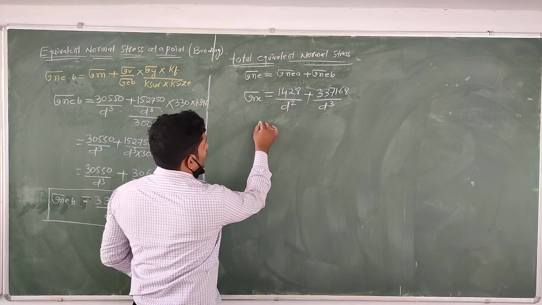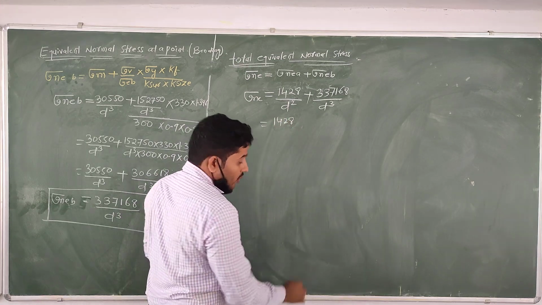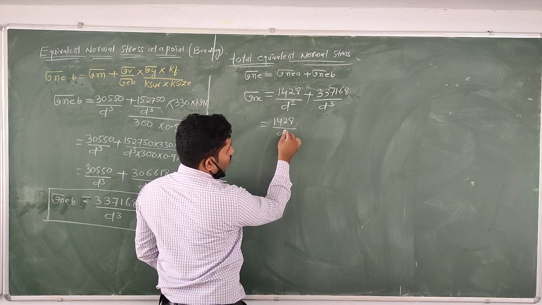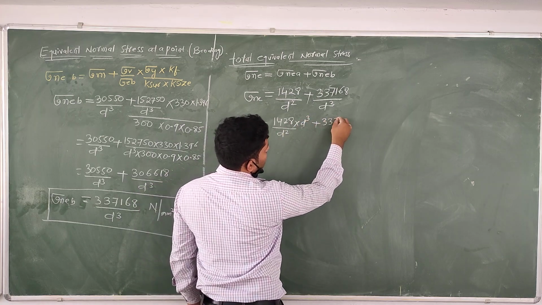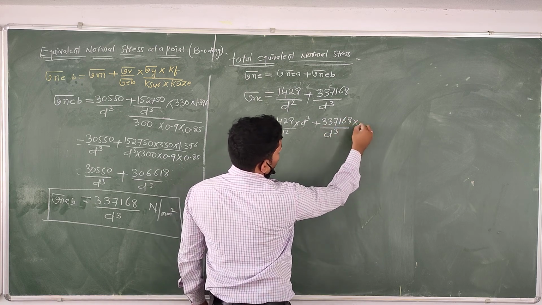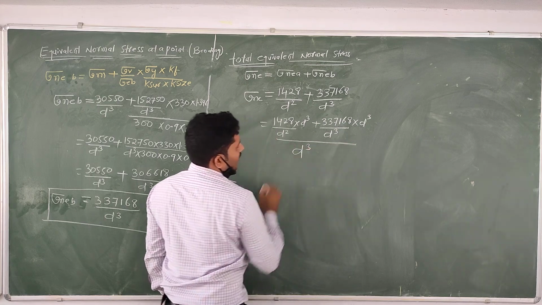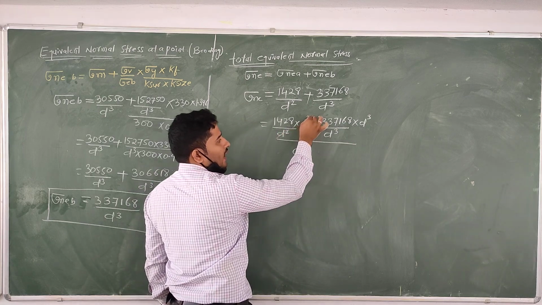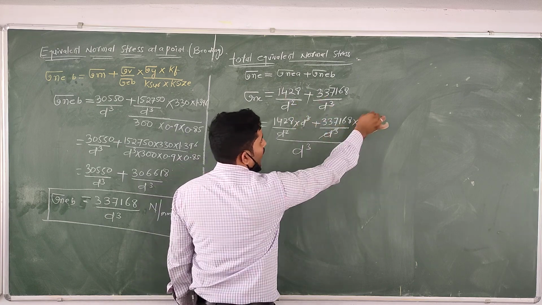So 1428 by D square into D cube plus 337168 by D cube into D cube by D cube. Is it right? Square and cube will cancel, remaining only D. Here D cube and D cube will cancel.